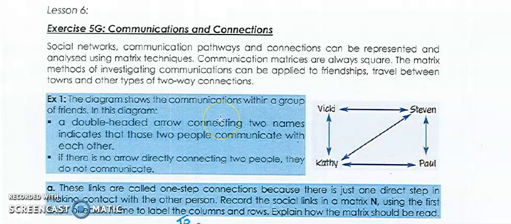So these links are called one-step connections because there is just one direct step in making contact with the other person. We're going to record the social links using the matrix capital N, using the first letter of each name to label the columns and rows. And we're going to explain how this matrix should be read.